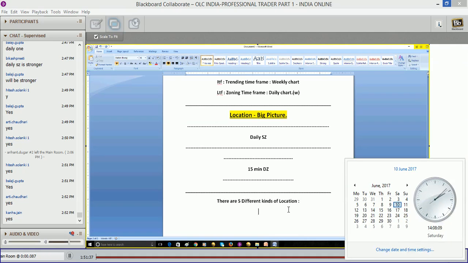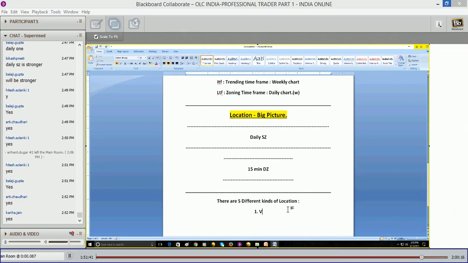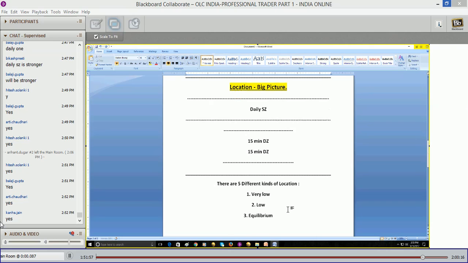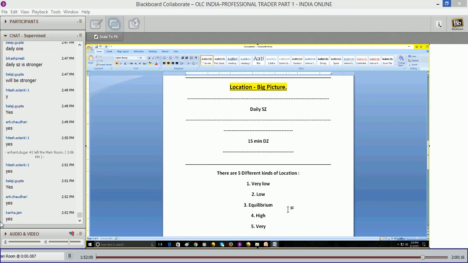Okay, these are namely: very low, or rather very conservative; second, low; third, equilibrium; fourth, high; and fifth, very high. Okay, we have very low, low, equilibrium, high, and very high.